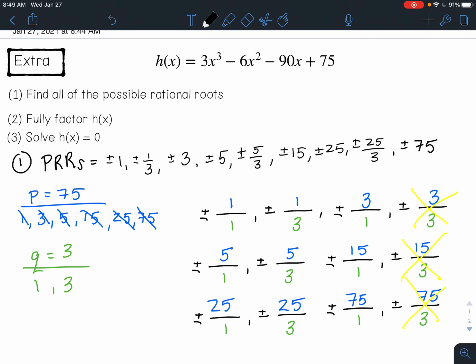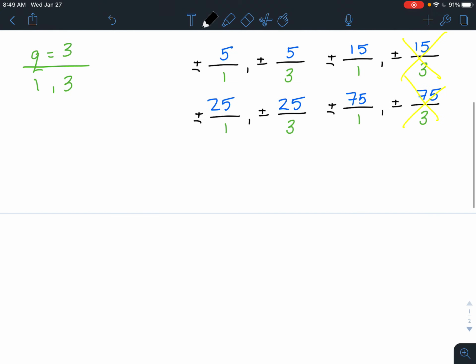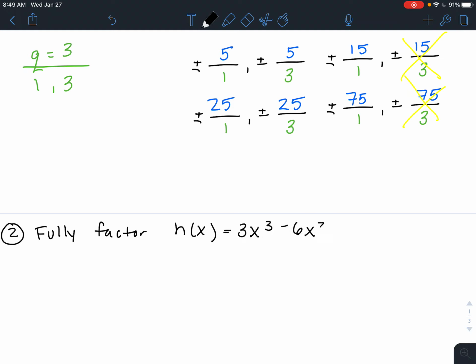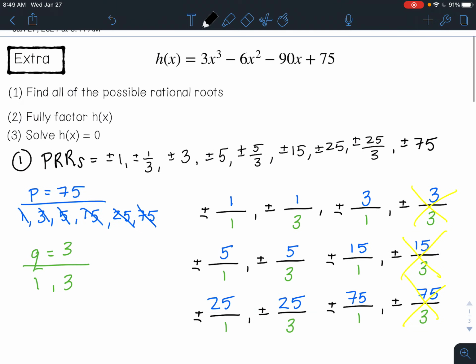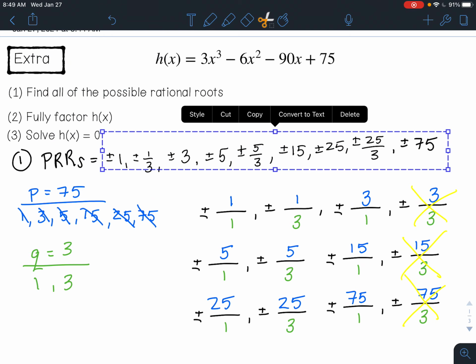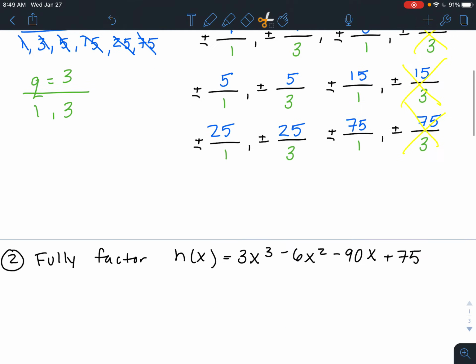So one thing I'm going to do beforehand, since I'm fully factoring anyway, I'm just going to rewrite the problem. And I'm going to take my list of PRRs, because those are my possibilities that I'm going to be testing.